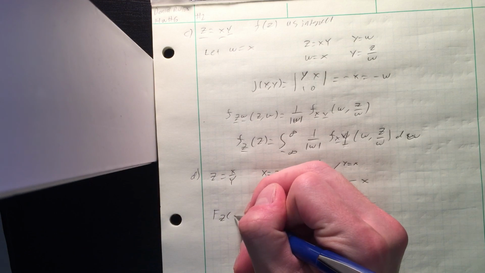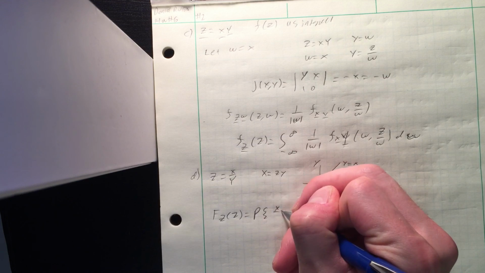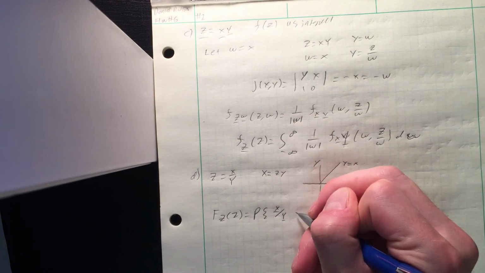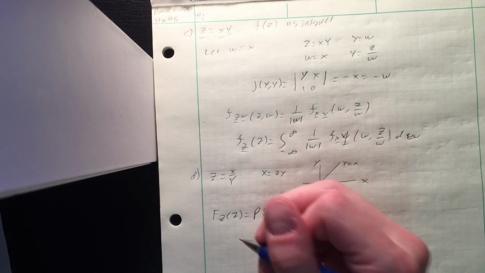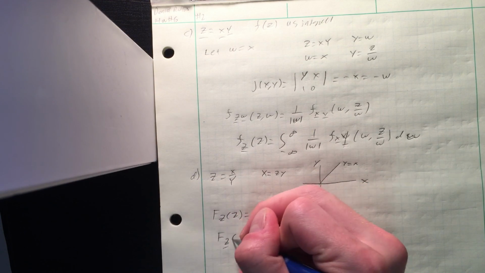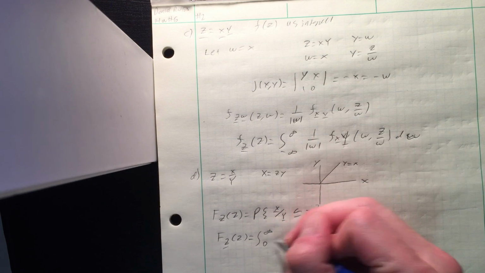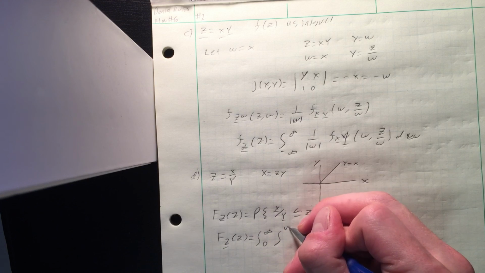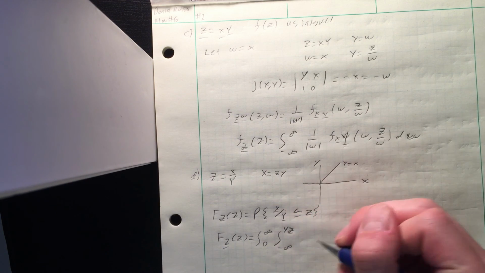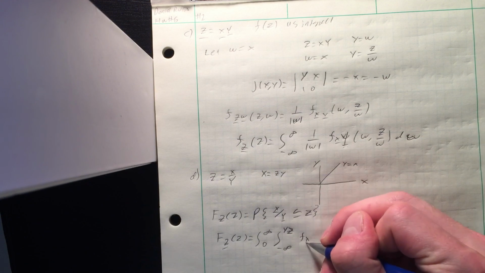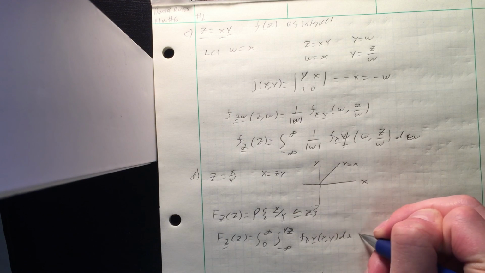So f of z is the probability x over y is less than or equal to z. So f of z is going to be equal to the integral from 0 to infinity of the integral from negative infinity to yz of f of xy, dx, dy.